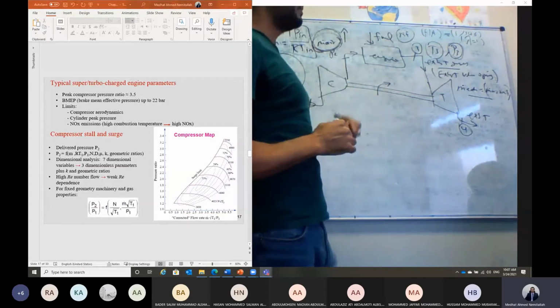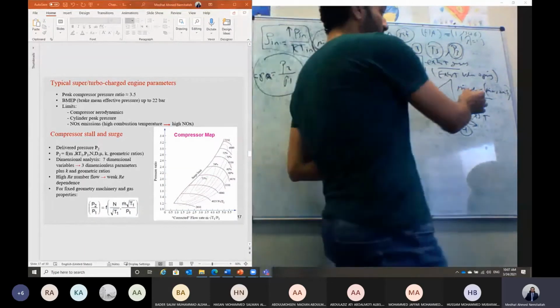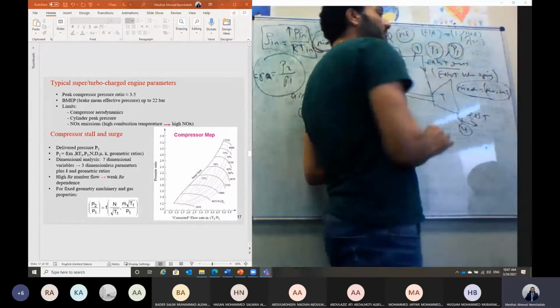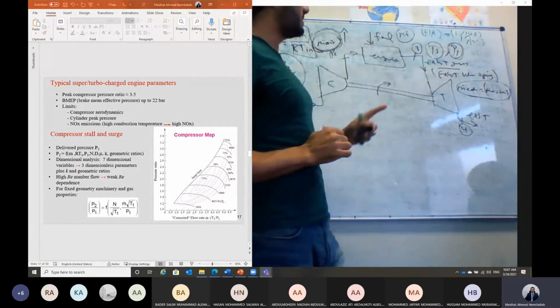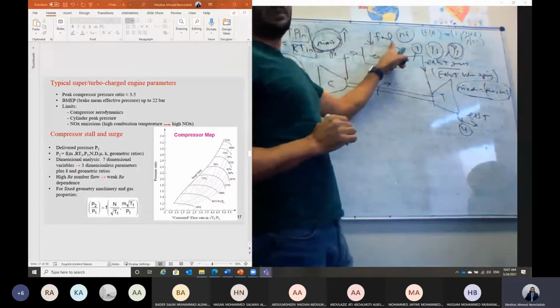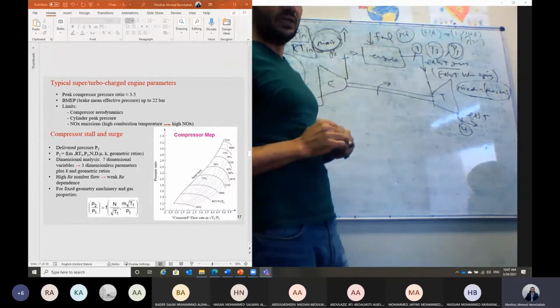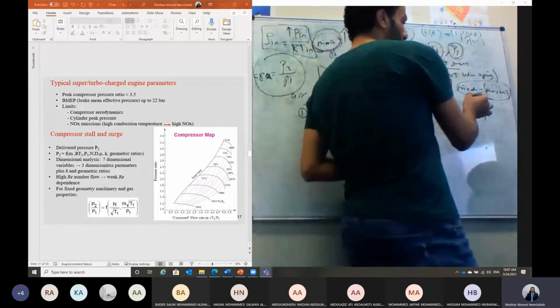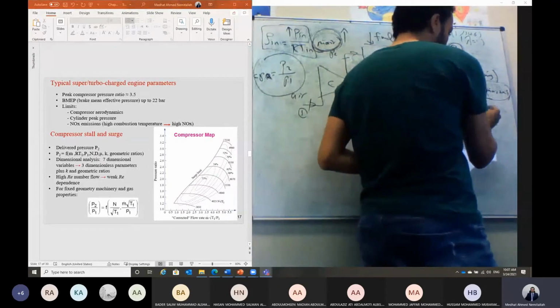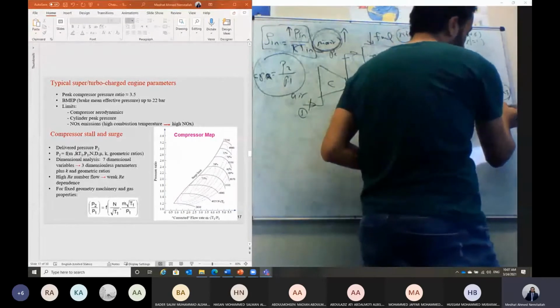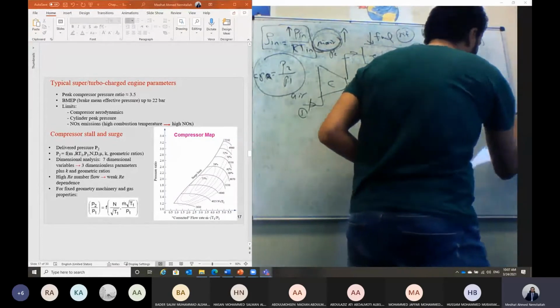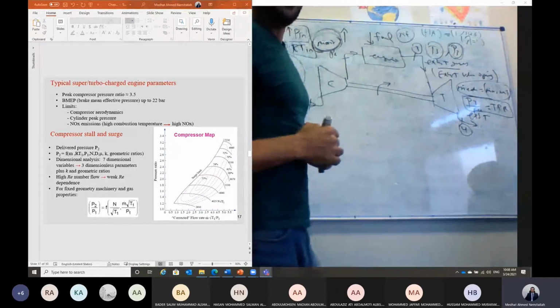Then the turbine can drive the compressor in this case. So the mass flow rate through the turbine is the mass flow rate of the exhaust gases, which is the mass flow rate of air plus the mass flow rate of fuel coming through the engine, and the pressure ratio through the turbine, P3 divided by P4, we call the turbine pressure ratio.